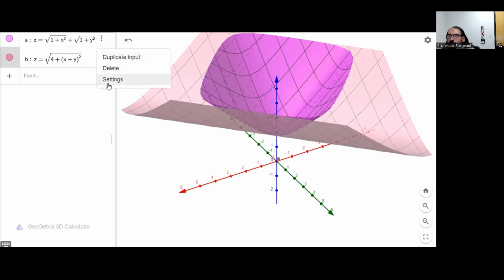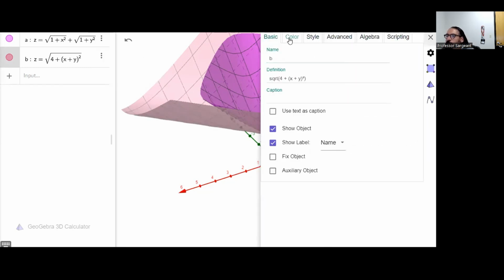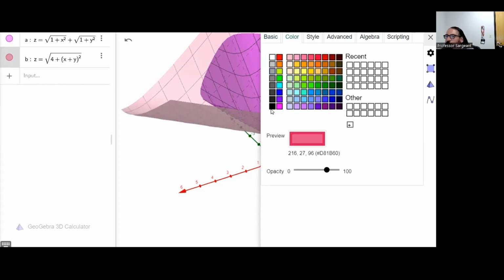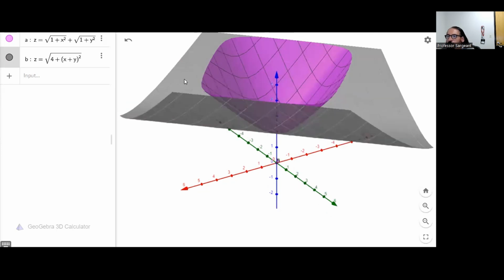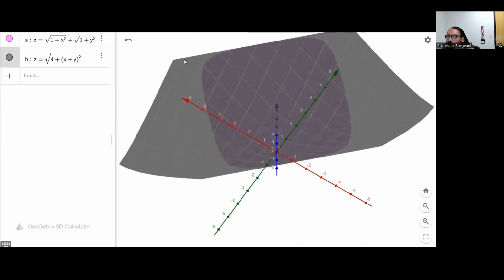Let's change the color on the individual square root. This also allows us to move things around.